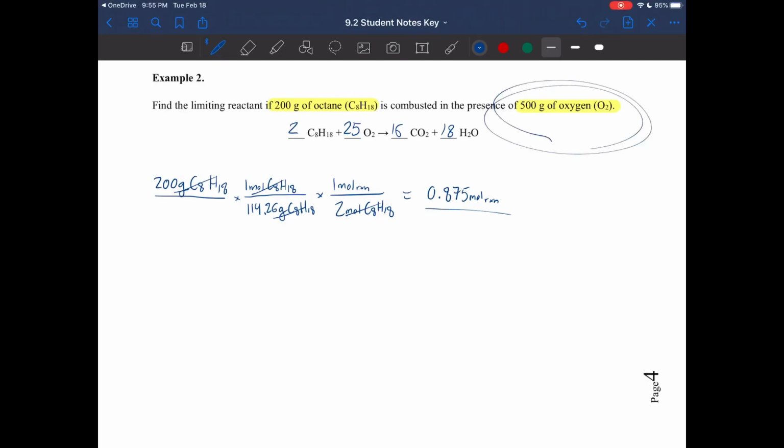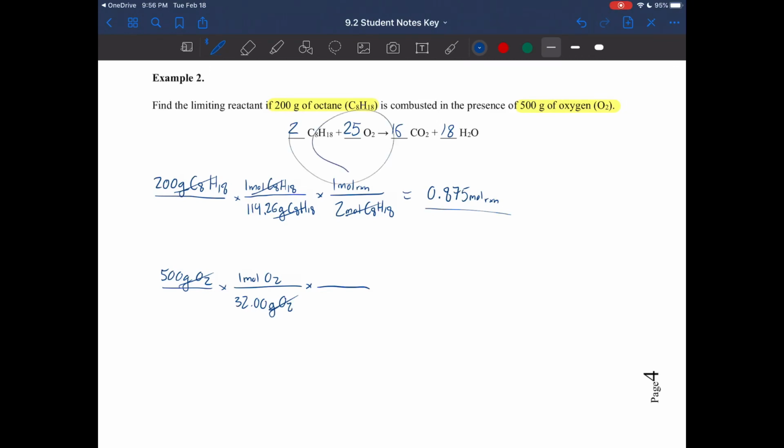Okay, now we've got to look at oxygen. So let's do that. 500 grams of O2 is what we start with. Always try to get to moles first, it helps a lot. So in 1 mole of O2, there are, let's see, we said 32.00 grams of O2. Okay, grams of O2 cancel. And then we have to figure out how many O2s are used up in every single reaction.